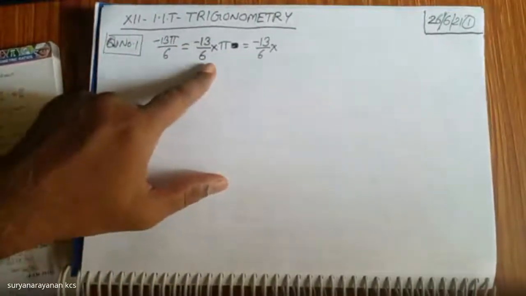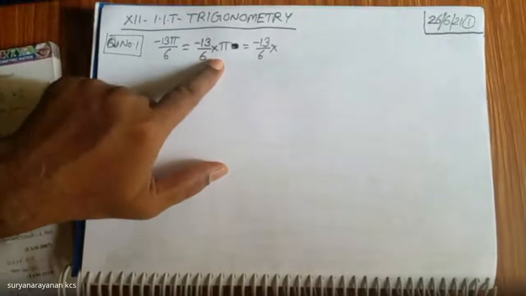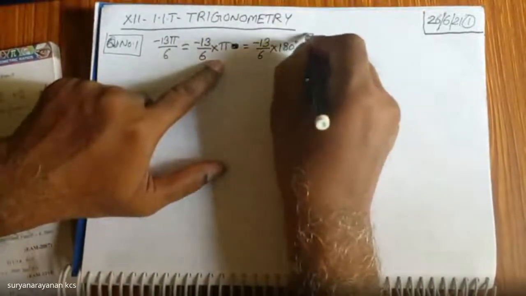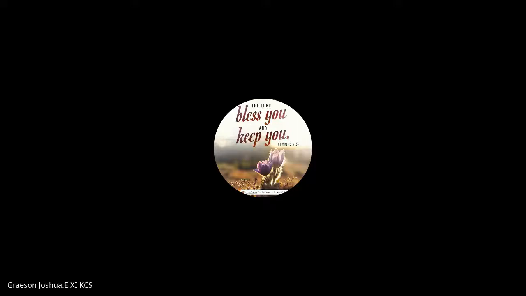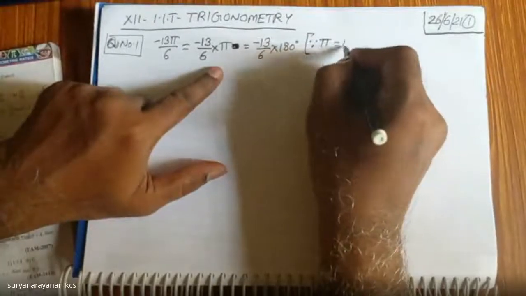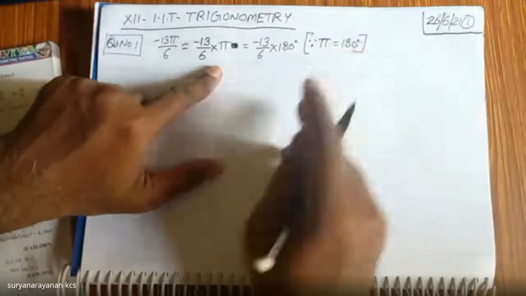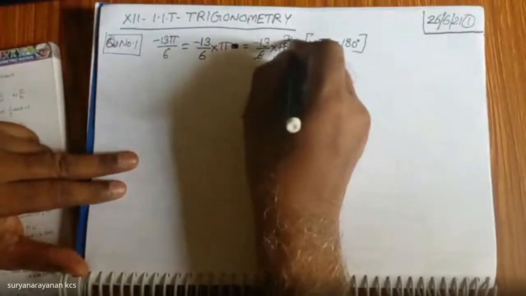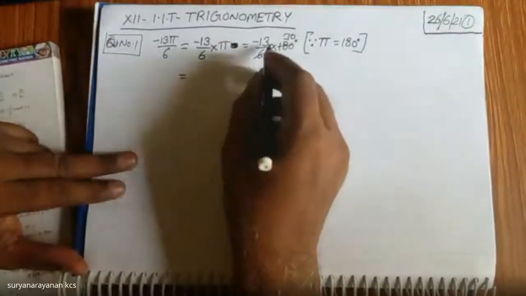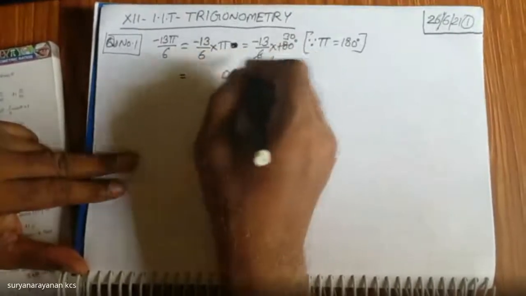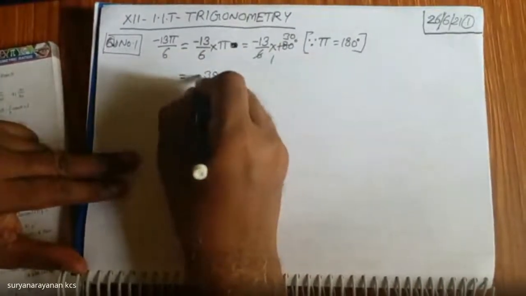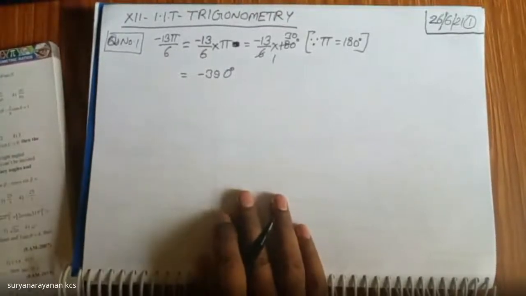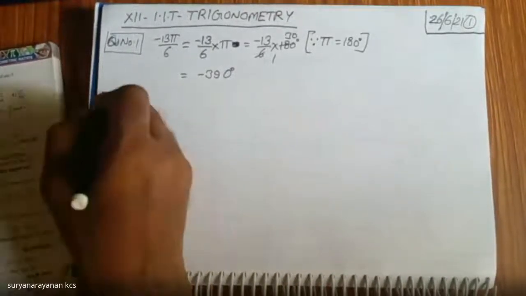You know that pi radians is equal to 180 degrees. Yes or no? Yes, sir. Since pi radians is equal to 180 degrees, we are using that result here. Minus 13 pi by 6 gives minus 390 degrees. So what is that option? Minus 390 degrees, the first option. Okay.